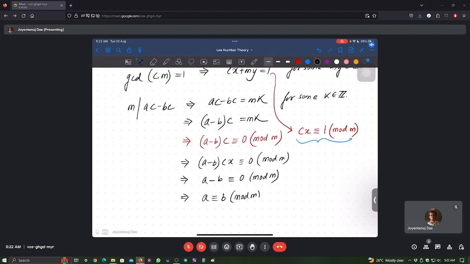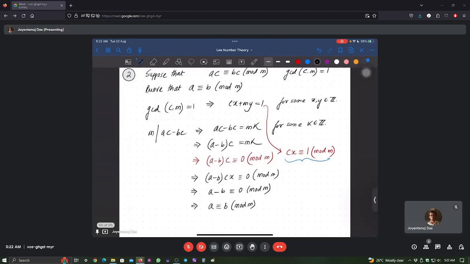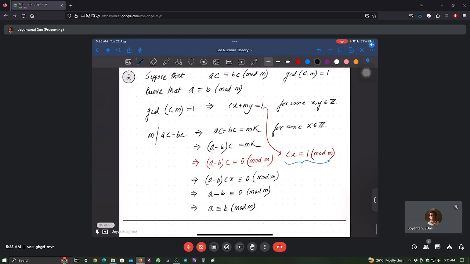So A is congruent to B mod M. When you apply modulo, you don't write the modulo on the left; it is just convention. We write modulo on the right side only. So this is fine, right?